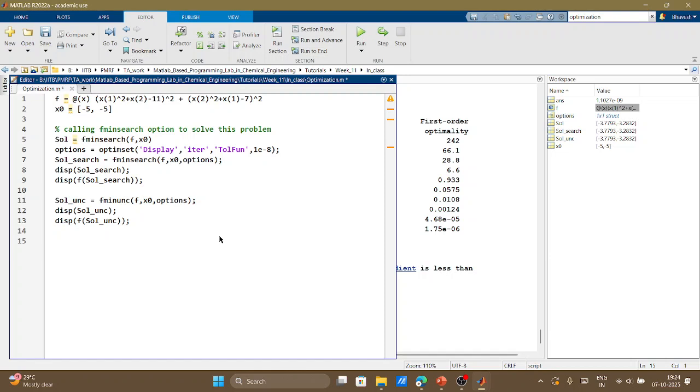So now my function will change, f will become a function of x.